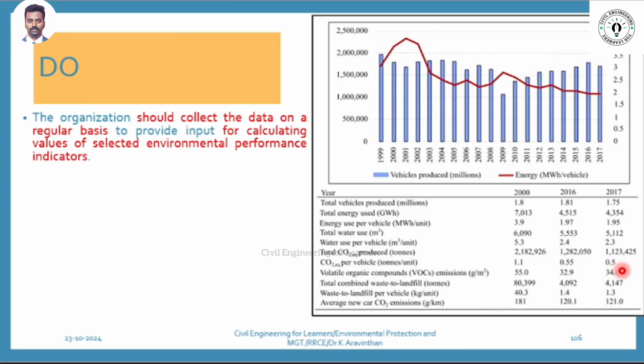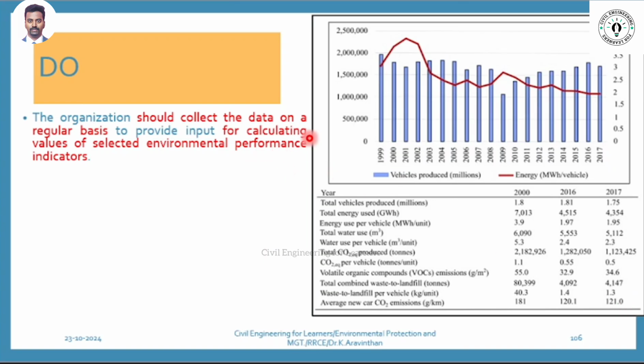But in 2017 you check how much it is reduced: 0.5, nearly 50% improvement. And waste to landfill, this is being dumped on the land, 40.3 kg per unit they dumped in the year 2000, and in 2017 it is drastically reduced to 1.3.